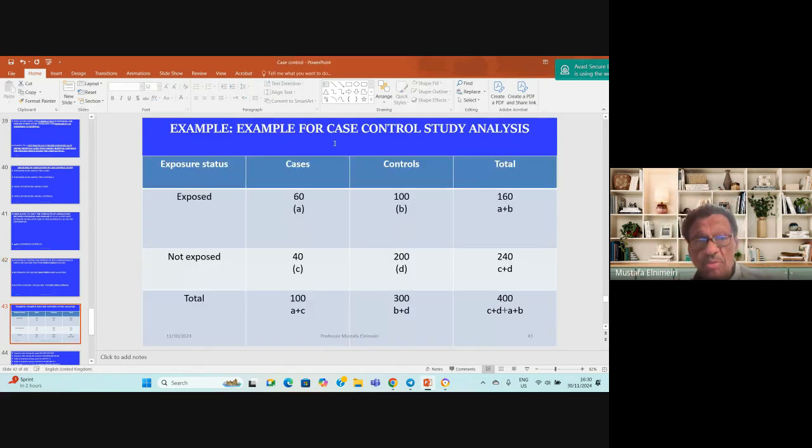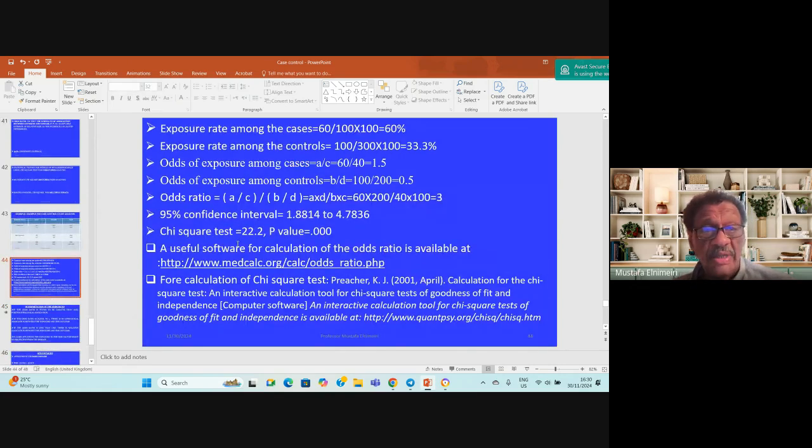Now we come to discuss an example for case control in which we use a 2x2 contingency table, and we can see the exposure status, the cases and the controls, and the total. Let's go over it. Calculating the exposure rate among cases, for example, is 60 over 100 multiplied by 100, which is 60%, and the exposure rate among the controls is 100 over 300 multiplied by 100, which is 33%. The odds of exposure among the cases, A over C, is 60 over 40, which is equal to 1.5.